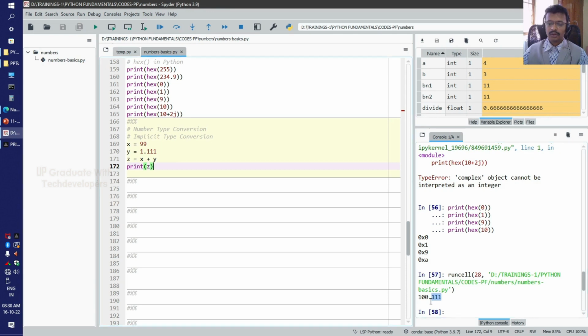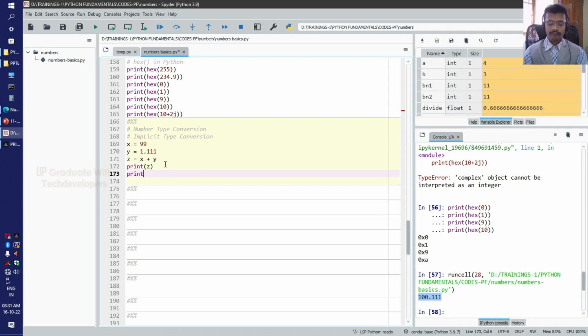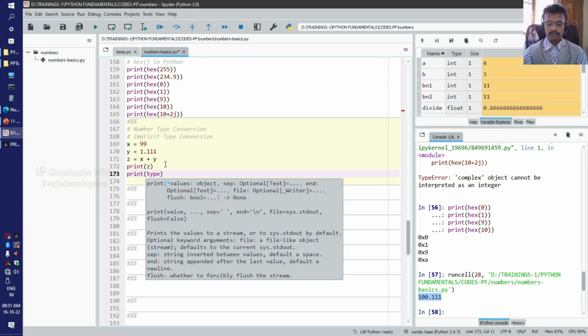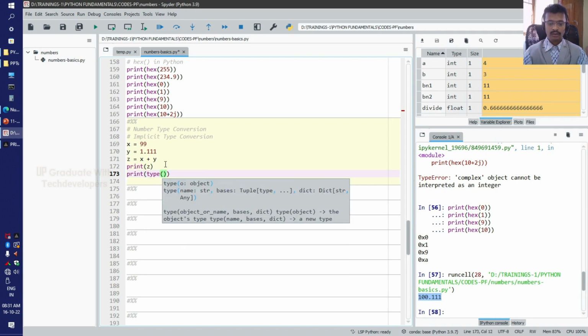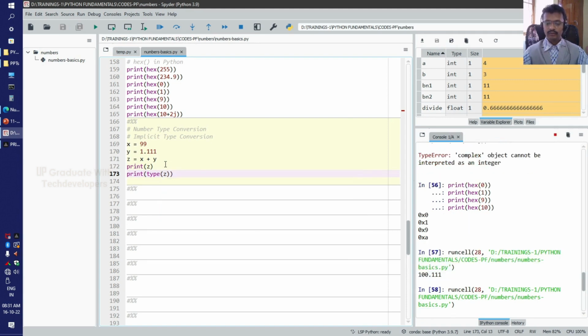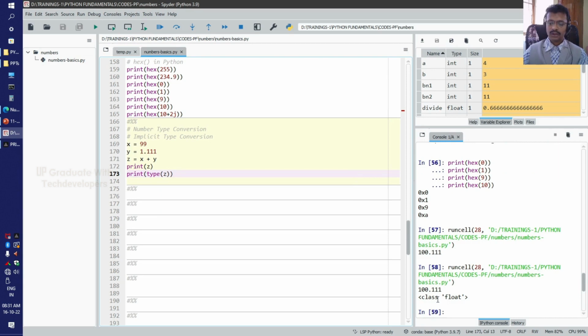So obviously this is a floating point number. If we check it with the type method, we will get a floating point type. Yes, it is of type float. Let us look at explicit type conversion.